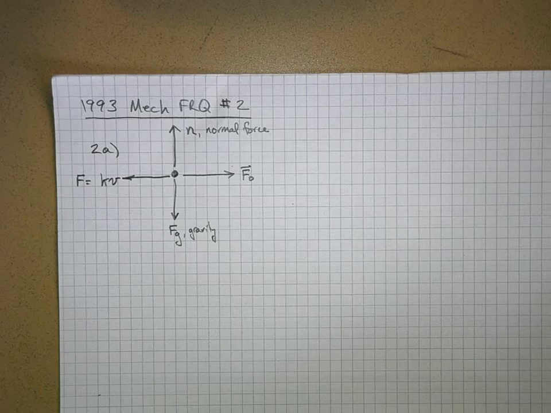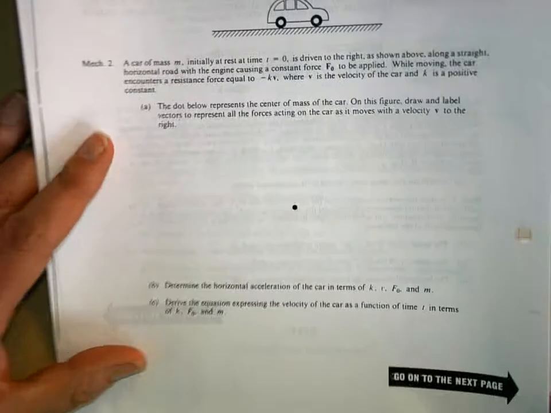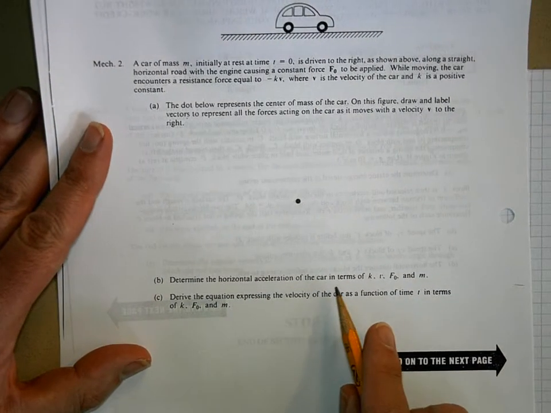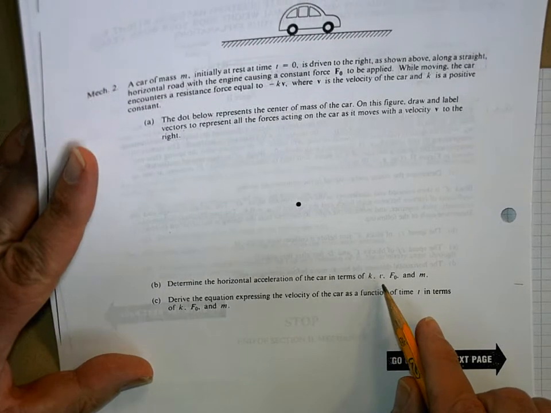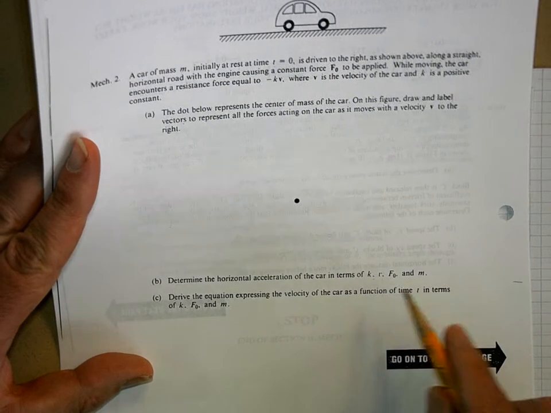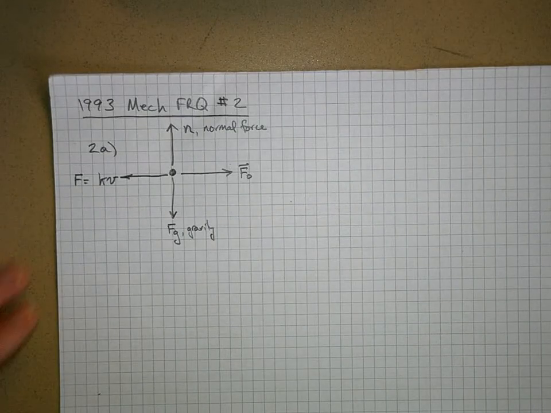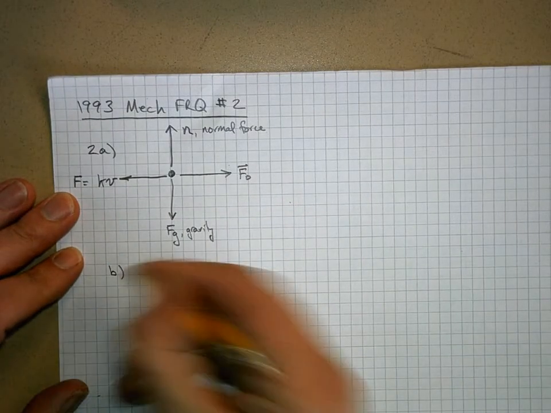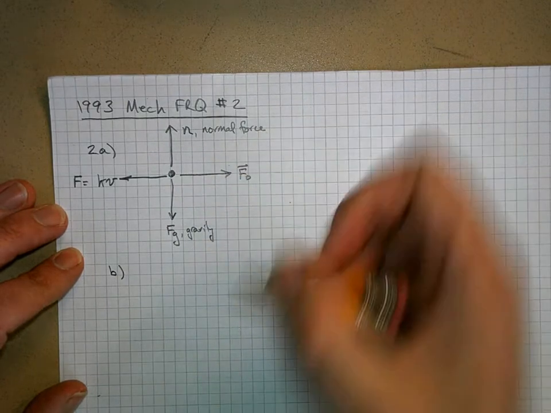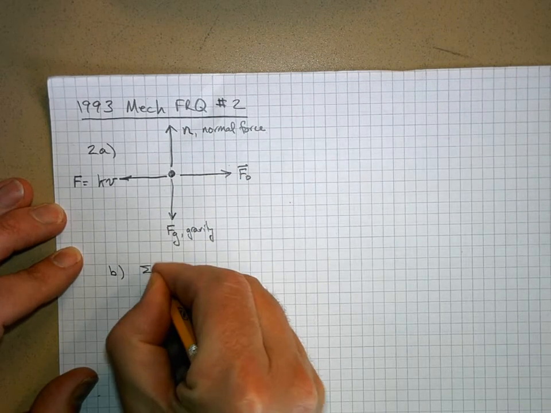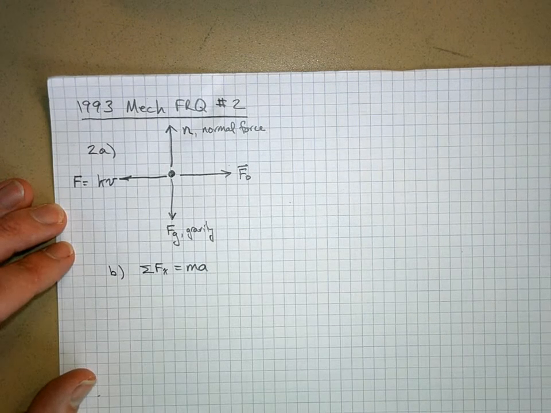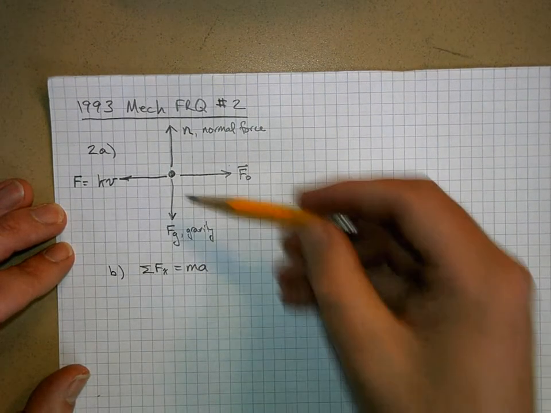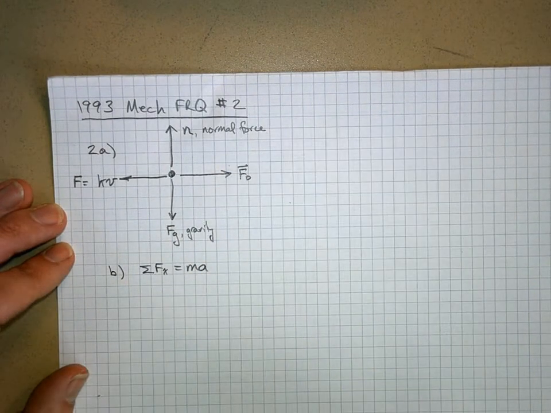Okay, so for part B, determine the horizontal acceleration of the car in terms of K, V, F sub 0, and M. Okay, so we want the acceleration. So we're going to sum the forces in the x direction equals ma in the x direction. And this car is only going to accelerate in the x direction.